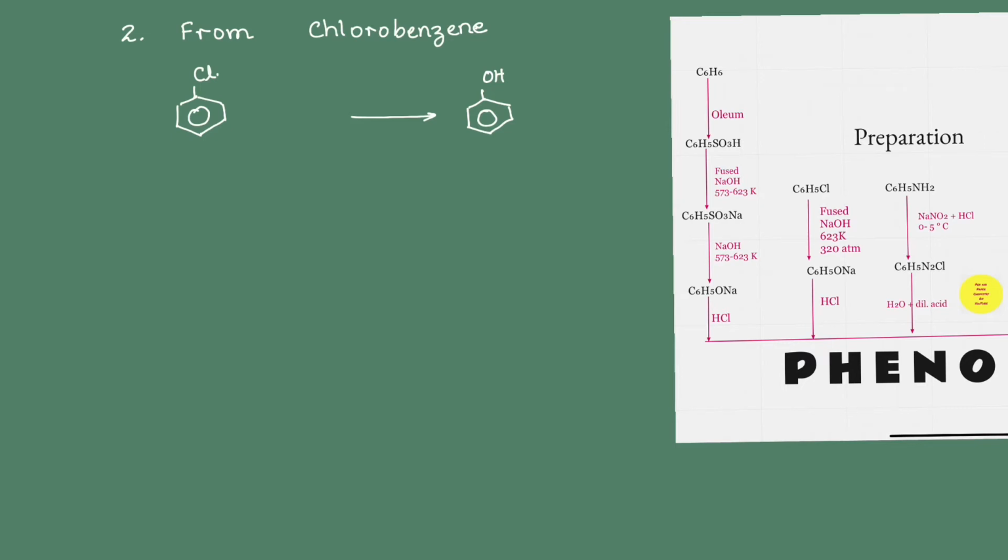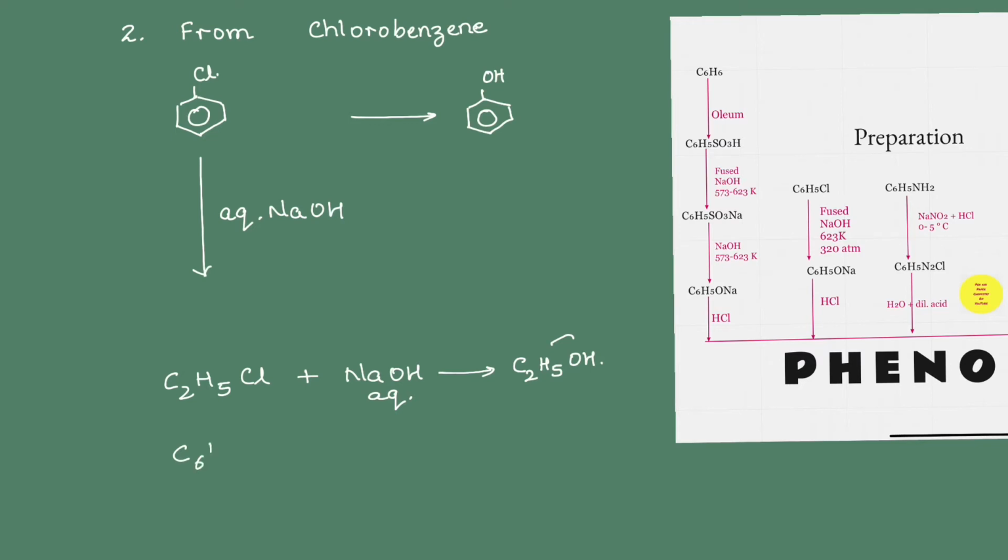Now, interesting bit over here, chlorobenzene will not react with aqueous NaOH like you observed in the case of aliphatic halides. You remember, we converted the aliphatic halides into alcohols easily by treating the aliphatic halide with aqueous sodium hydroxide, in which case we got C2H5OH. Now this is not easily done in the case of aromatic halides.